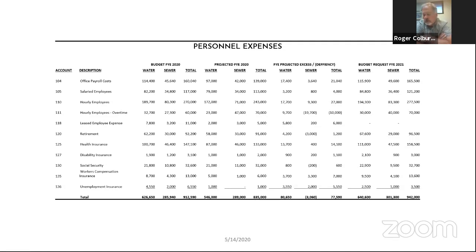And then 111's the hourly employee overtime. Silas is basically an hourly employee right now. He's not a salary. So he works out in the field primarily, and that's just where he's at. The lease employee expense was from last year, and we really have not allocated any for a lease employee this year. So just trying to cut our expenses down the best we can.